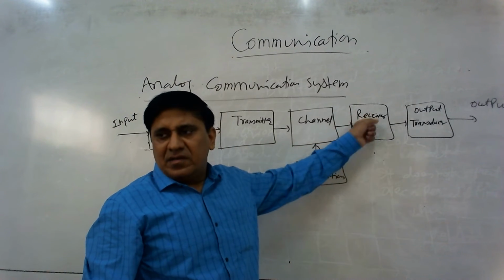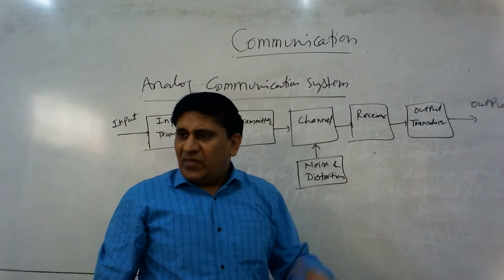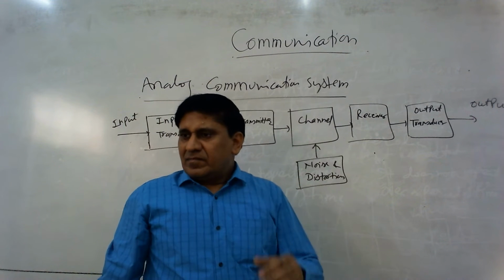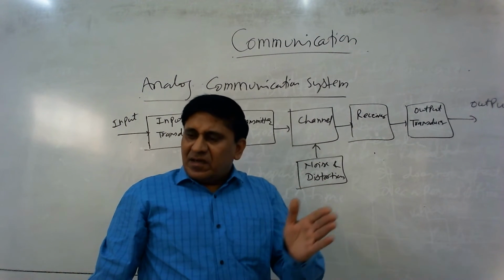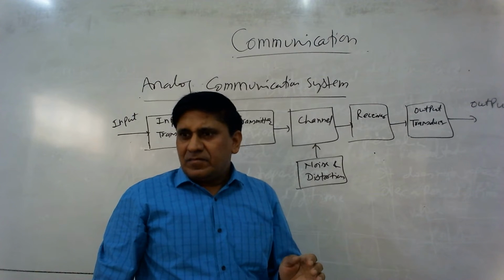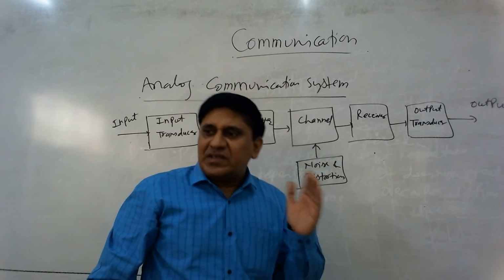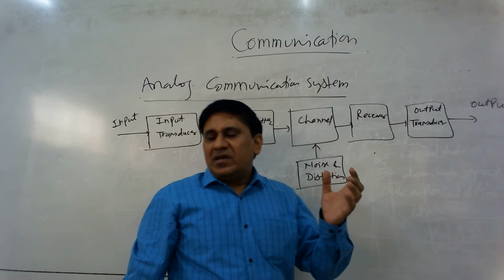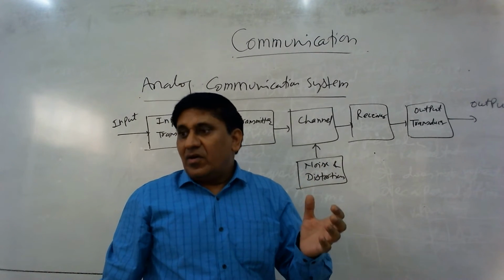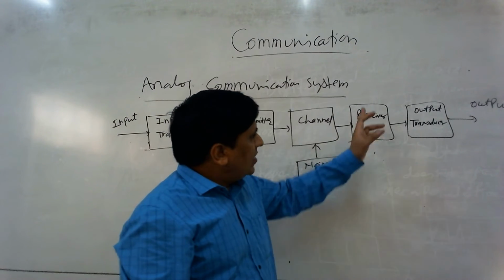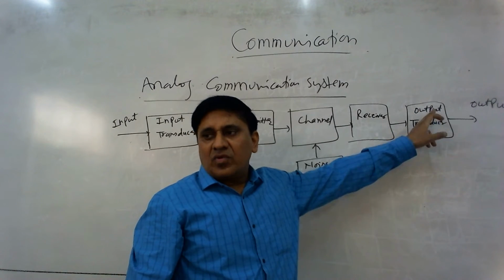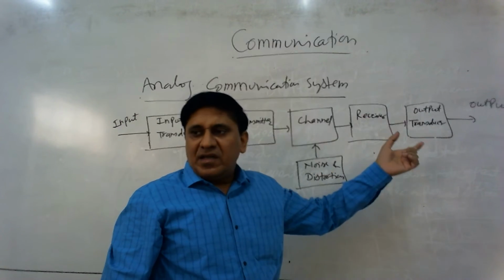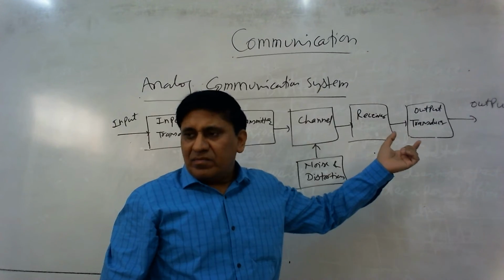This receiver receives the signal, filters the signal, eliminates the echoes, eliminates the carrier frequency, and receives only the message signal or baseband signal, and sends the signal to the output transducer, because the signal at present is in electrical form.